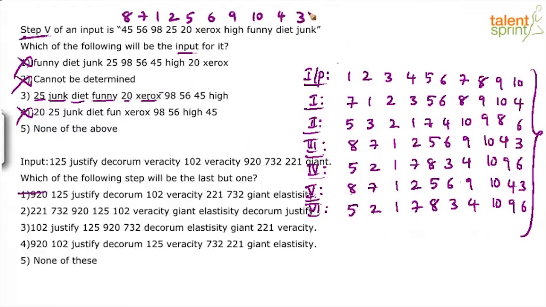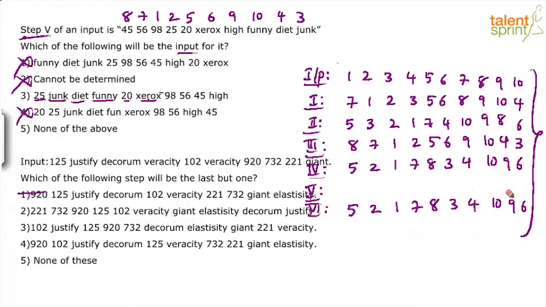Something is wrong. Did I commit any mistake here? Why is this one not changing its position? Now why am I getting 3 and 5 as same? Mistake again, huh?